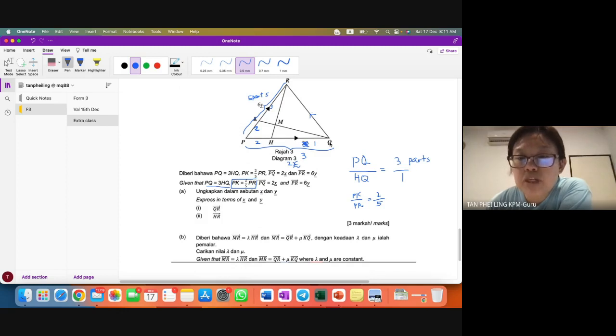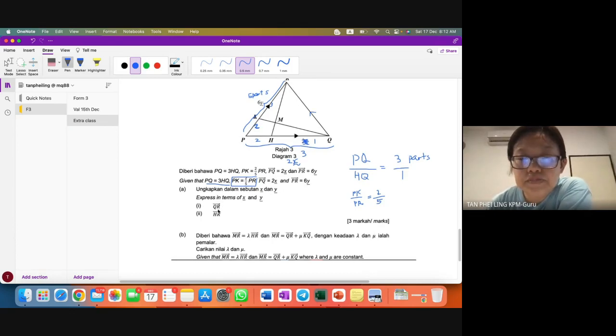We can start from Q to P and then P to R. Back to our question, PQ, you see the arrow here, it is 2x. And P to R, the arrow here is 6y.